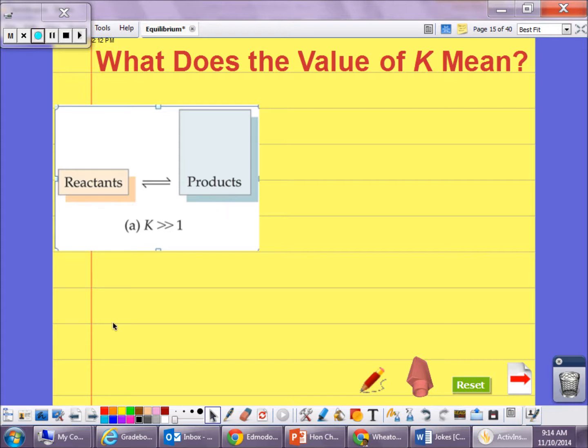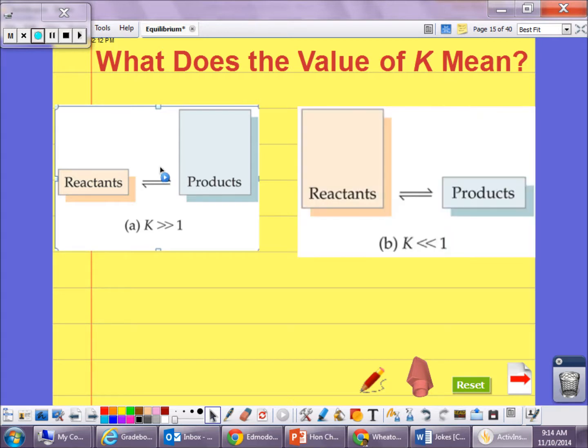It makes sense. Because the numerator would be larger, that means you have more products than reactant. And then the language you need to use for that is products are favorable at equilibrium. You have more products than reactant.